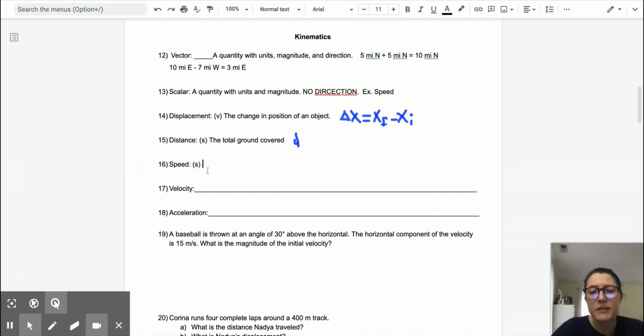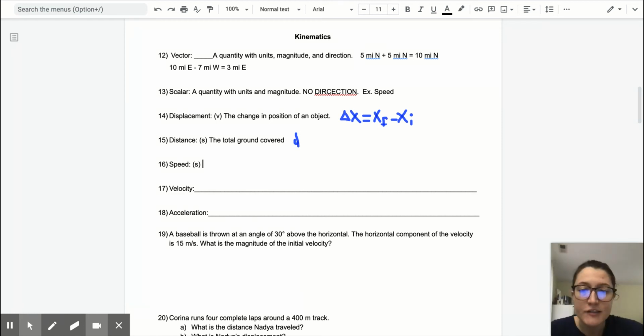S for speed, S for scalar. Speed is a scalar quantity. Speed, which we usually use the lowercase s to represent, but sometimes, depending on the book or who wrote the example, we sometimes see that written as a lowercase v as well, which is confusing, and I don't really like that notation, but you will see it sometimes.